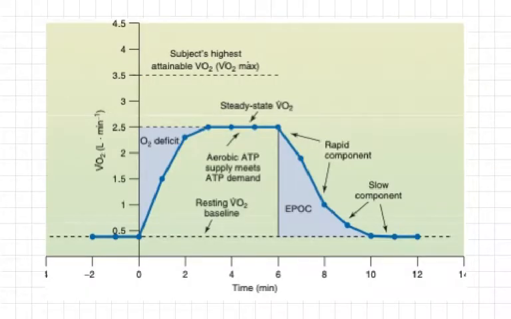And so within this concept of EPOC, we discussed O2 deficit and the excess post-exercise oxygen consumption. There's two key concepts that can come out of this. The first is a warm-up.